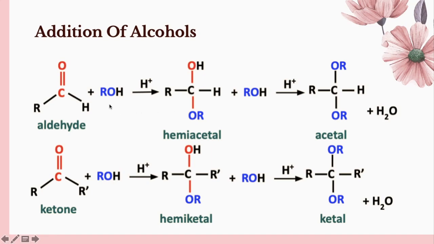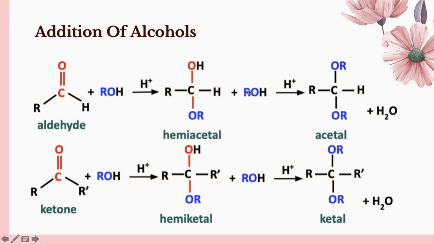Hemiacetal is when only one OR from the alcohol is added. From the ROH, the OH group of the alcohol, you remove the H, leaving O and R. So only one OR group is attached to the carbon which had C=O, and then the carbonyl oxygen converts to become OH. That is hemiacetal.